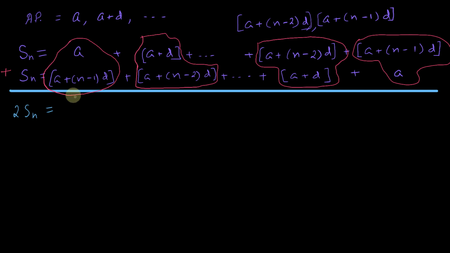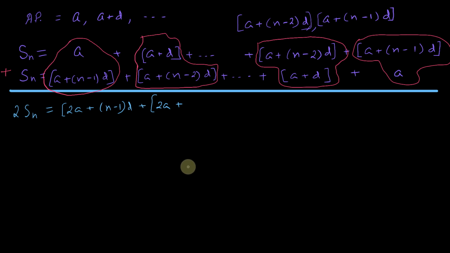A plus A, it is 2a plus this n minus 1 d, plus A plus A, 2a plus d plus n minus 2 d.